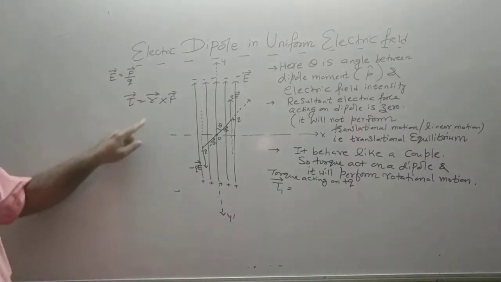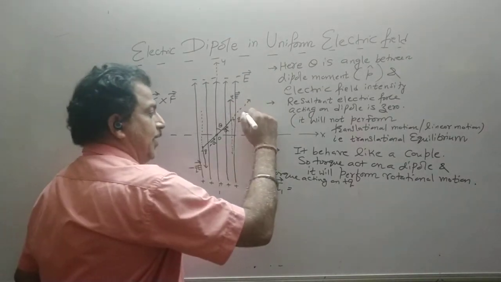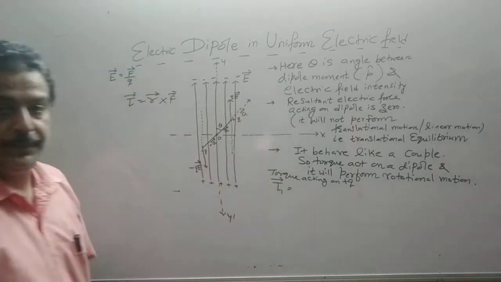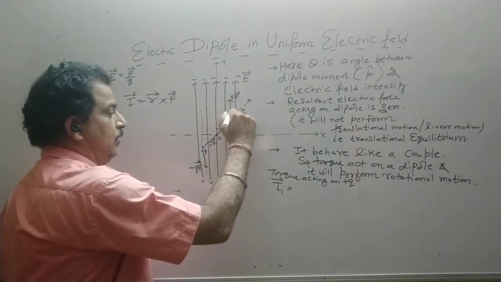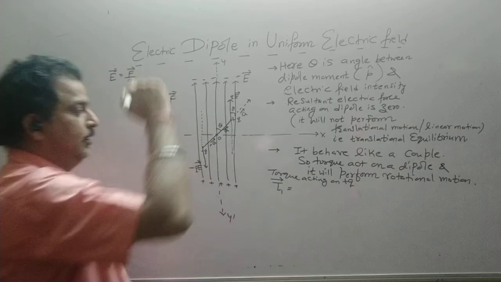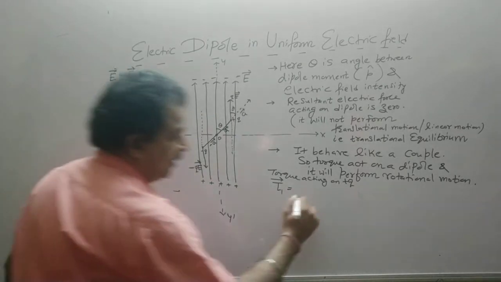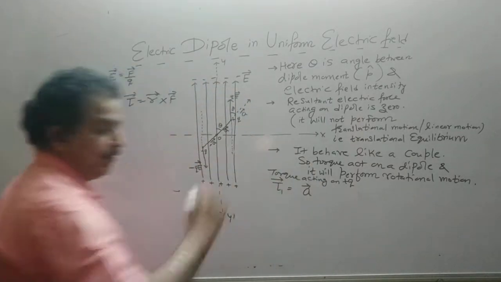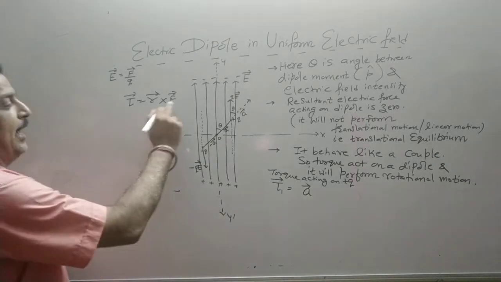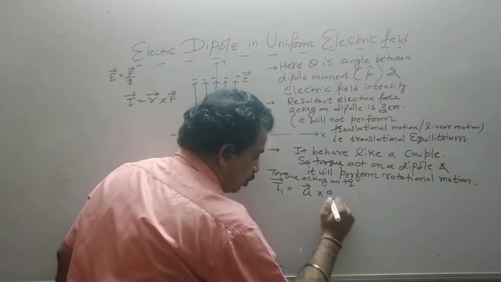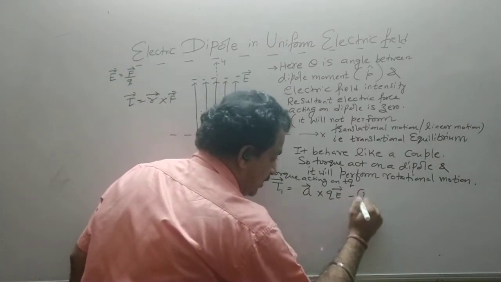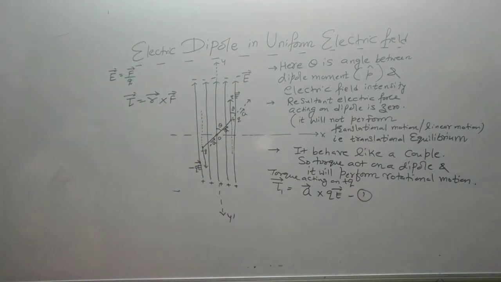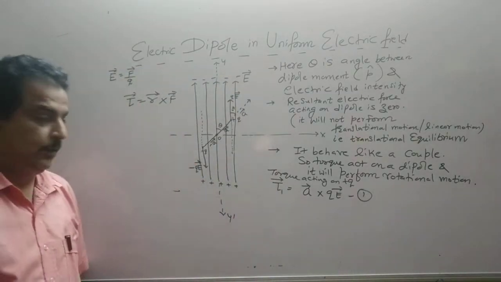So here this A vector is extended, and this angle is theta. So in the place of the R vector, I write the A vector, cross F, F means QE, so q into E vector. This is the torque acting on the plus Q charge.